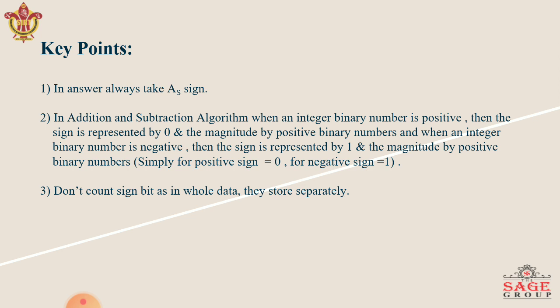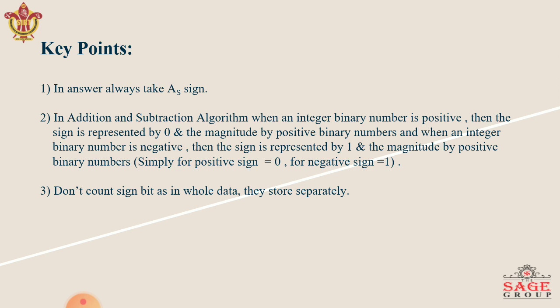This AS sign we include in the AS. And key point number 2, in the addition and subtraction algorithm, when an integer binary number is positive, then the sign is represented by 0 and the magnitude by a positive binary number, and when an integer binary number is negative, then the sign is represented by 1 and the magnitude by a positive binary number.